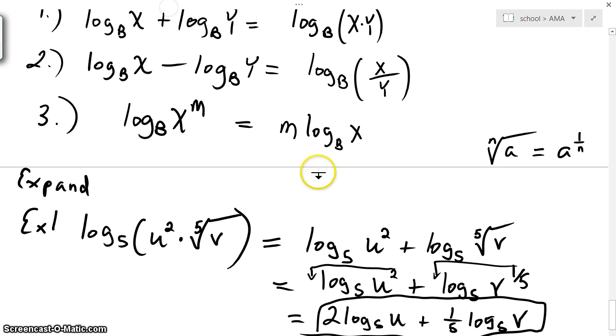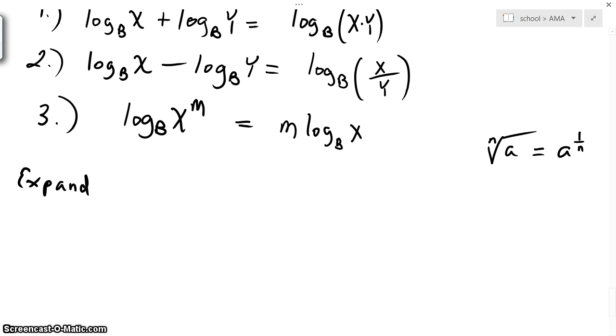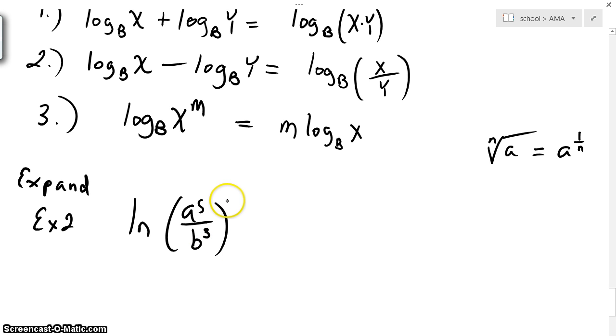Let's do another problem. For example, number 2, we might be given the natural log of a to the 5th divided by b to the 3rd, and we're raising that all up to the 4th power.